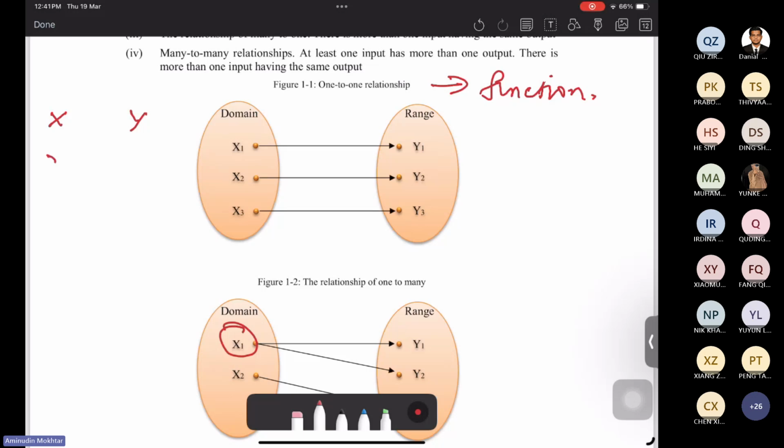We have 2, 4, and 6 for x, and then y, the output, is 5, 11, and 17. There is a one-to-one relationship between x and y, that we also call a function.